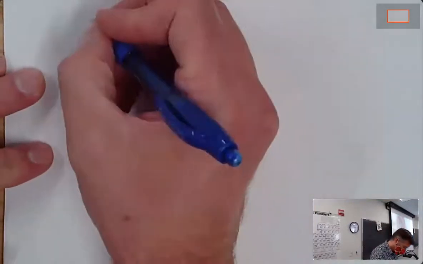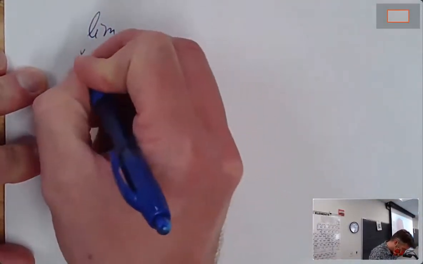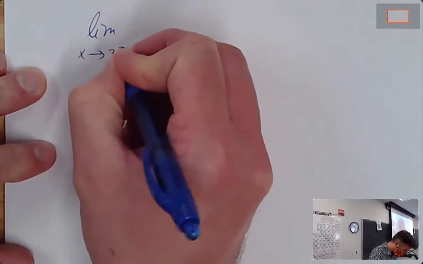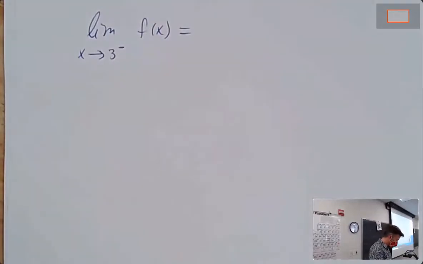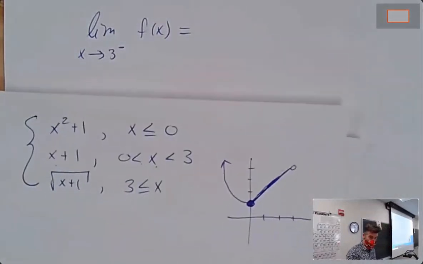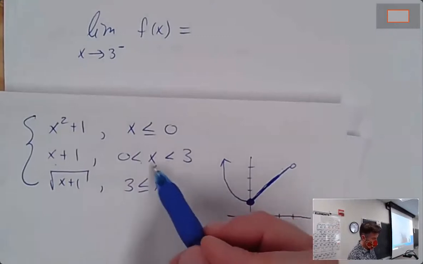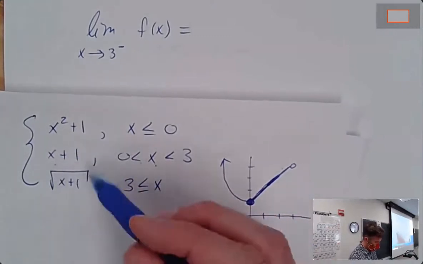So we can say that the limit as x approaches 3 from the left of f of x, well, that's the piece that's the x plus 1 piece, because when you're less than 3, we're using this piece of the piecewise function.